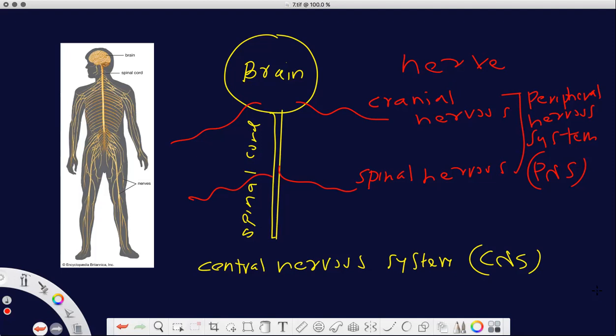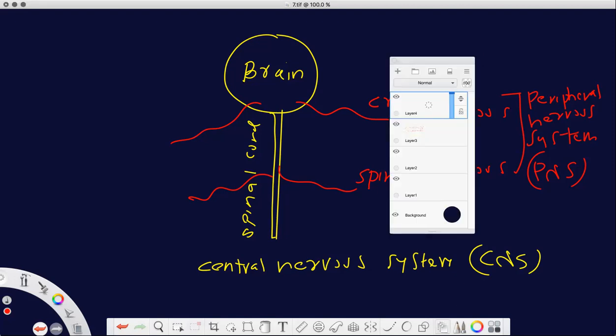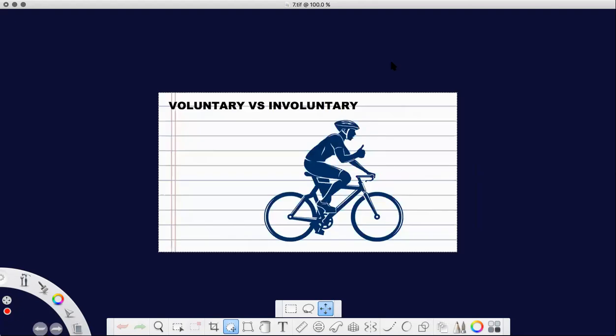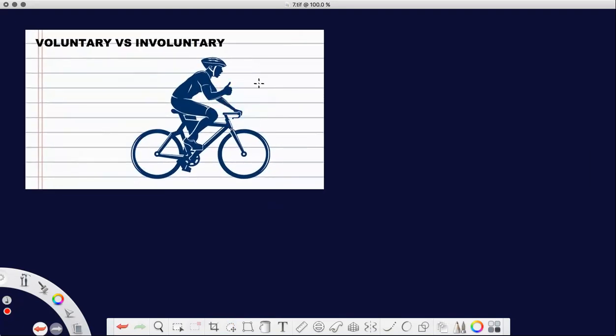So we're going to learn what is the situation in which we can control the nervous system, and what is the example that the brain controls the nervous system. Right? Okay. To understand that, we use these two special words, voluntary versus involuntary.